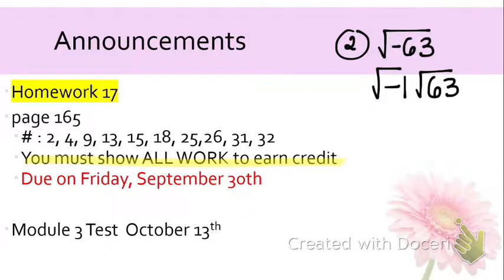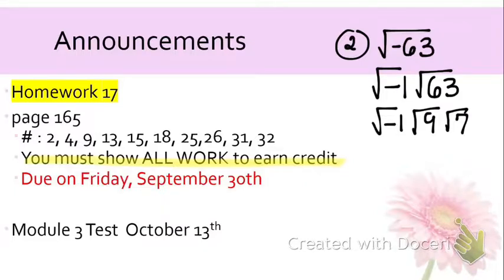So what's the perfect square that goes in 63? 3 is not in that box. 9. 9 times what is 63? So this is what I need to see on your paper.